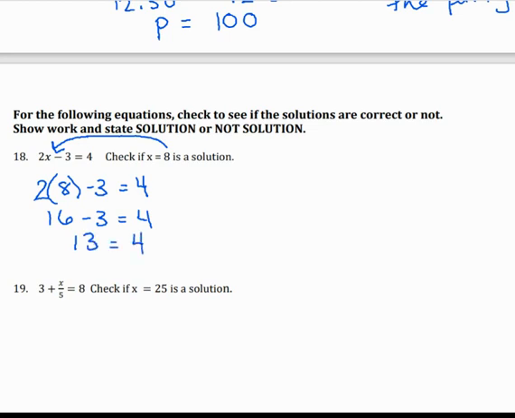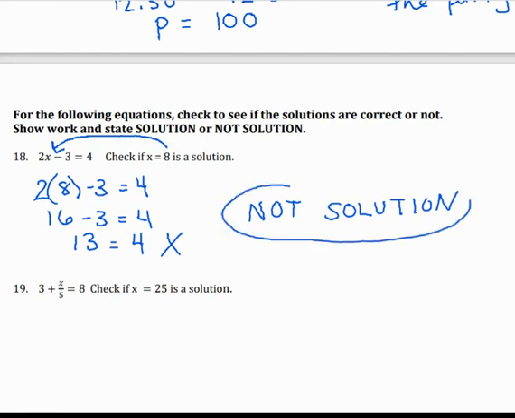Did I just get a true statement? Does 13 equal 4? No. So what that means is we write not a solution. I want to see your work support as well as your answer. If we got a true statement, we would say solution. Any questions?